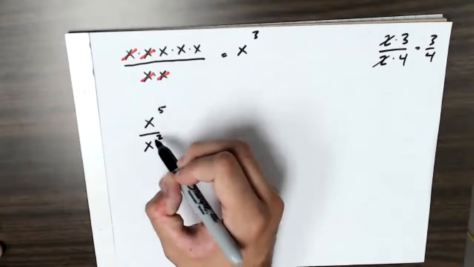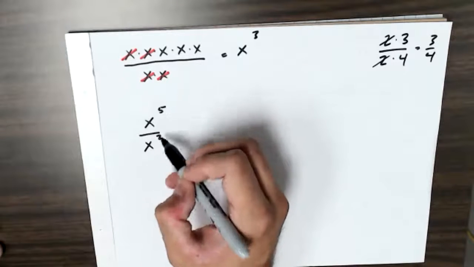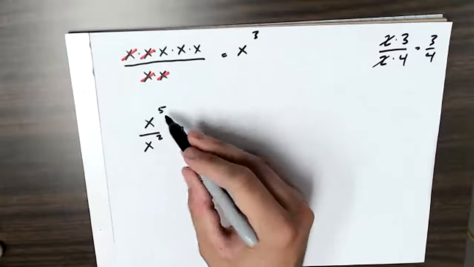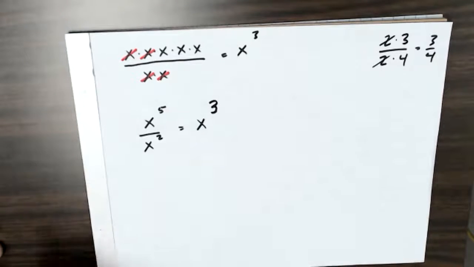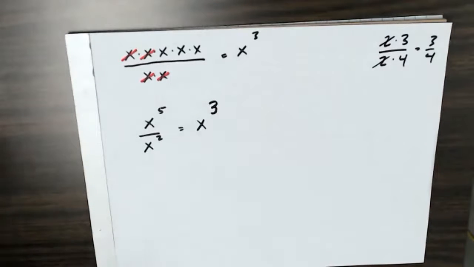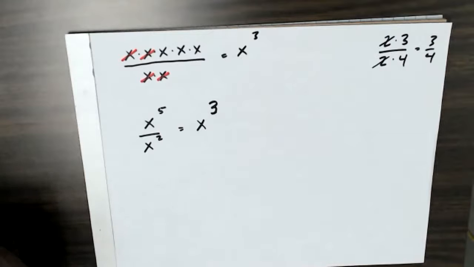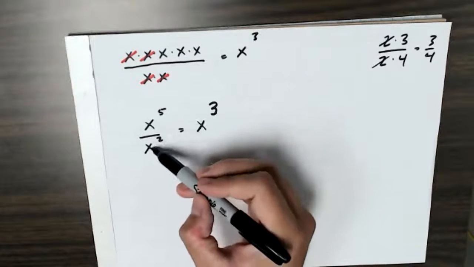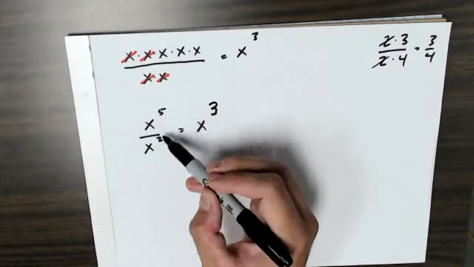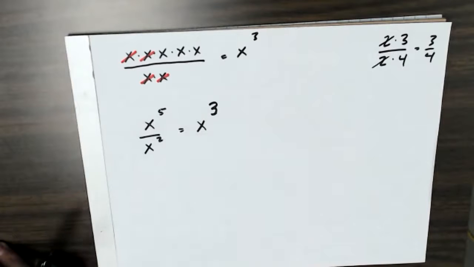And this is the number of exponents on the bottom. And we can eliminate 2 of them. So this winds up being 5 minus 2. So you subtract the exponents if you're dividing common bases, okay? If you're dividing common bases, we've got an x and an x here, we're just going to subtract the exponents.